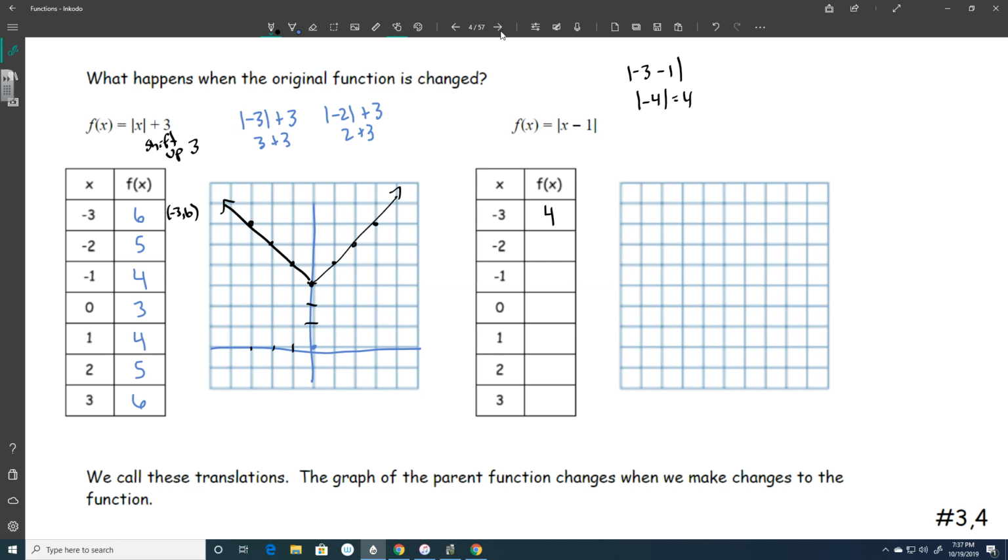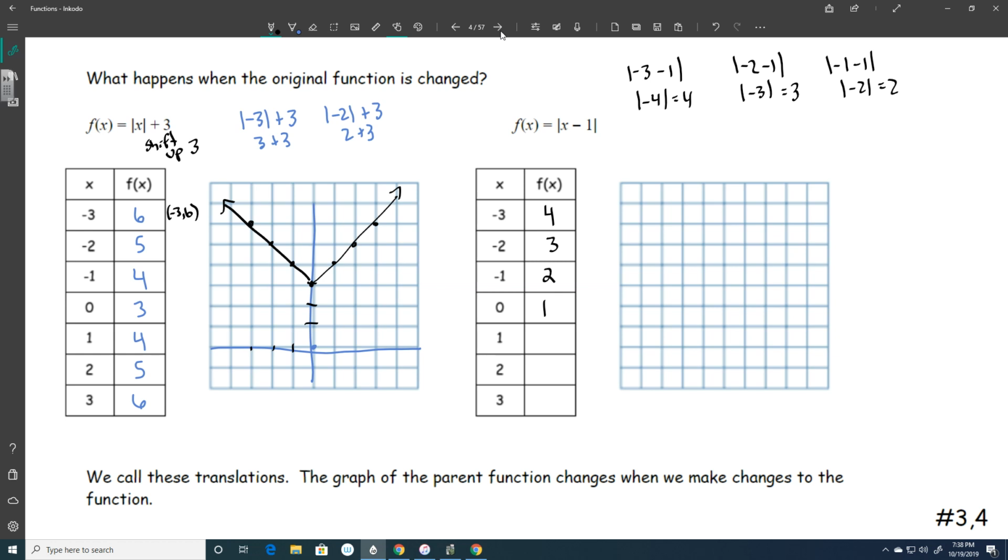So then I plug in a -2. So the absolute value of -2 minus 1 becomes the absolute value of -3, which becomes +3. And then when I plug in a -1, I get absolute value -1 minus 1, which is the absolute value of -2, which becomes 2. Plug in a 0, 0 minus 1 is -1. Absolute value of -1 is +1. And if you haven't noticed the pattern yet, on this side, when I plug in a 1, we've got to be careful because a lot of you are going to start saying, oh, that means this must be 2, 3, and 4.